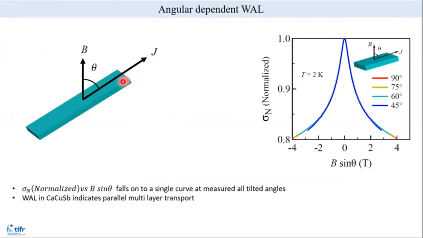To check that, we rotate the sample. Here you see the angle theta, which is the angle between current and magnetic field. When you rotate the material and measure the magnetoconductance, you plot it as a function of B sine theta, meaning you are always looking along the direction perpendicular to the surface.